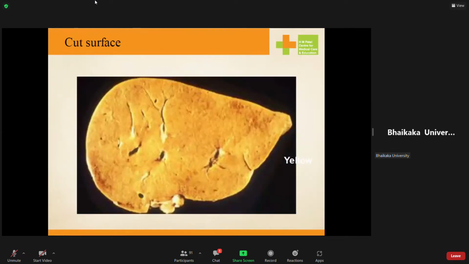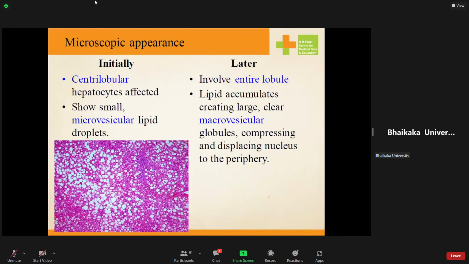Here you can see the cut surface of the liver. When there are fatty changes, it is yellowish in color. Now the microscopic appearance. In the initial stages of fatty degeneration, the centrilobular portion of the hepatocytes is affected. Initially, only small fat droplets accumulate within the hepatocytes, and we call it microvesicular lipid droplets.